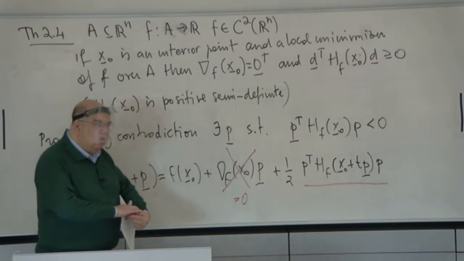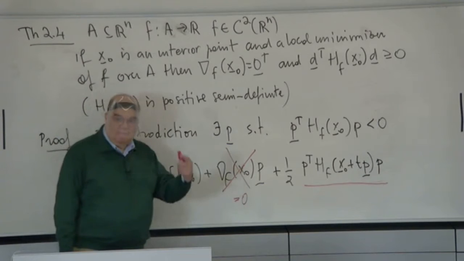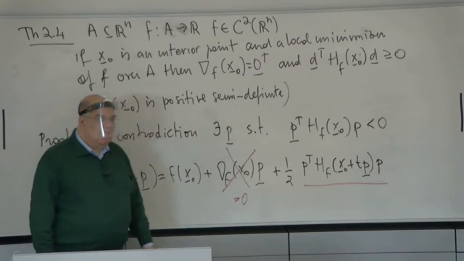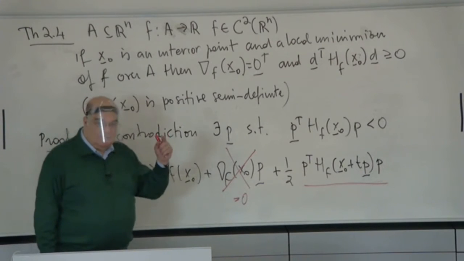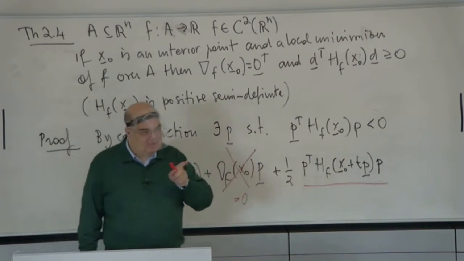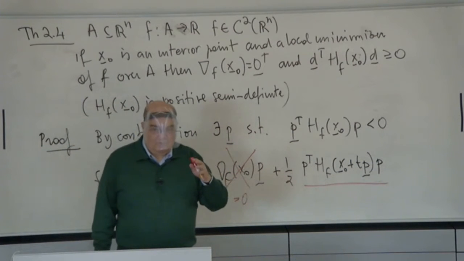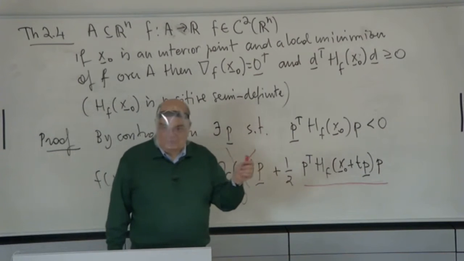If you remember the proof of the first order condition in the one variable case, you look at what happens to the right and to the left, and by the existence of a limit, you conclude that the two derivatives must be equal.